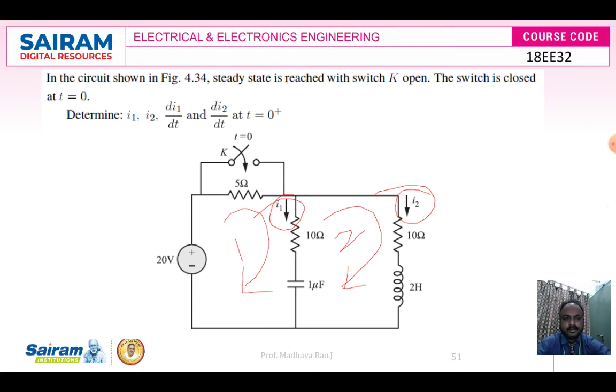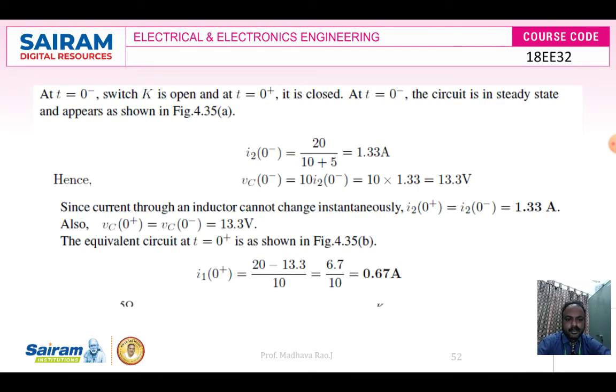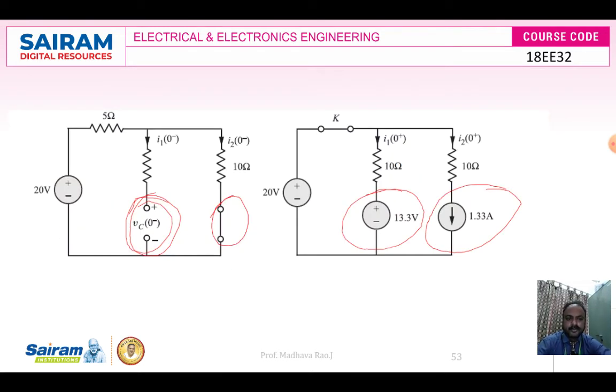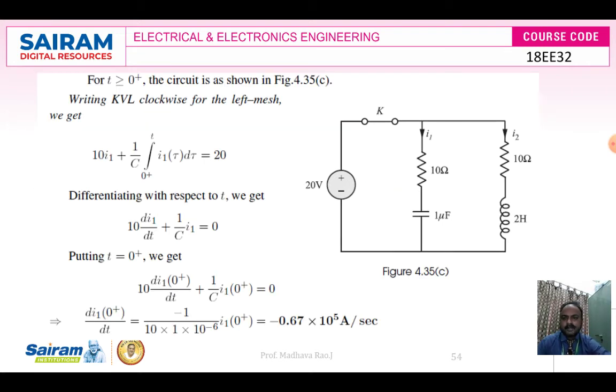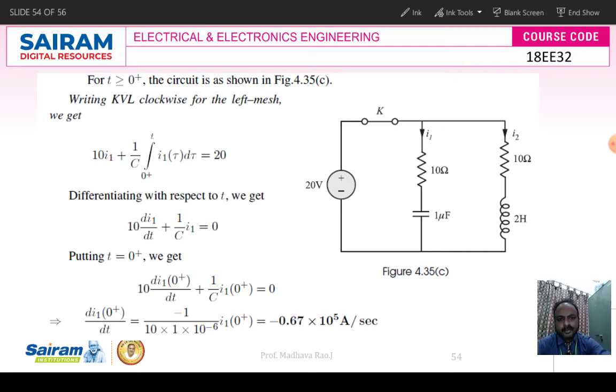Okay. So now we will see how the differentiation we got. So apply KVL to the first loop: 10 I1 plus the voltage across the capacitor, 1 by C integral 0 to t I1 of t into dt. So this equation will be equal to 20. And here, differentiate this equation.